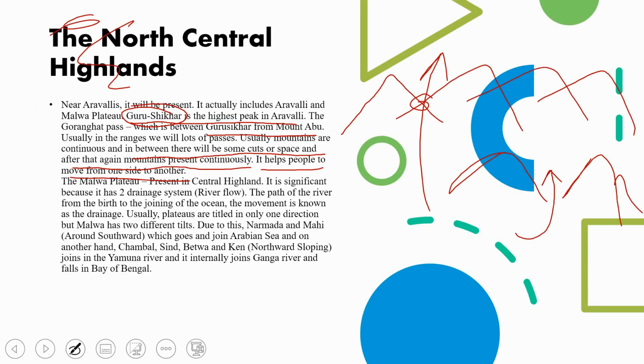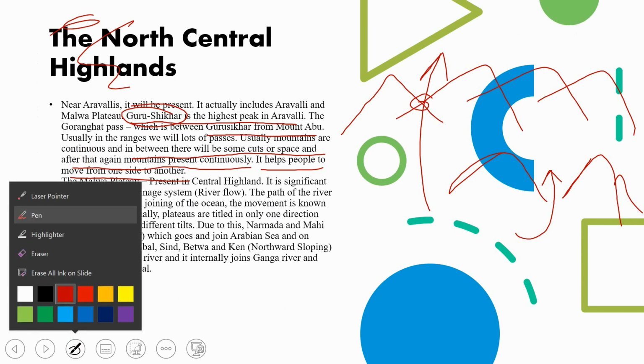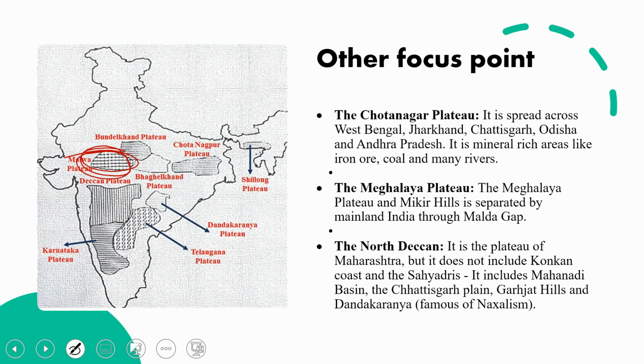It is significant because it has two drainage systems of river flow. I will show you here. In the Malwa Plateau, one drainage system is coming towards the south, which makes rivers flow into the Arabian Sea.